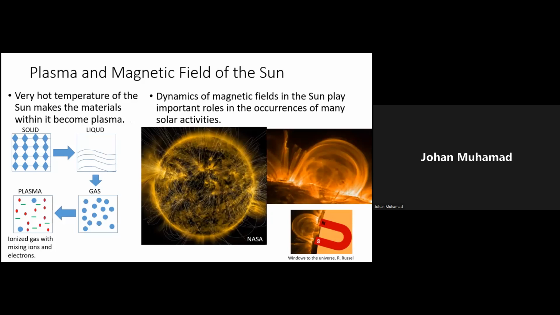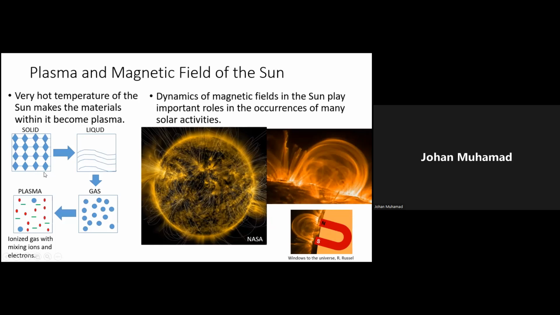And then, well, let's come to more of the physics of the sun. We know that the sun is full of plasma. Because the sun is very hot, the materials there become plasma. What is plasma? If we have a material, then we can get several phases of material. First, we have the solid phase, which is the strongest.